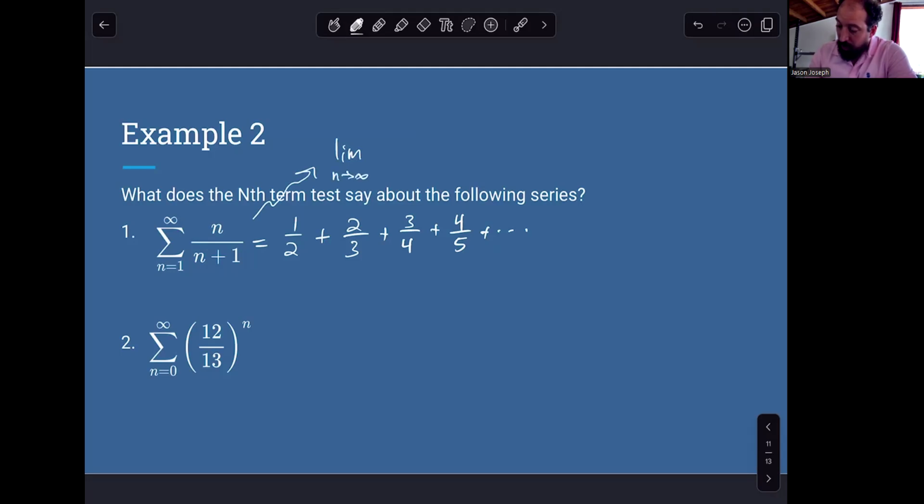That means I need to try the test and see. It might work, it might fail and not tell me anything, but just evaluate what happens. So in order to do that, I have to evaluate this limit as n goes to infinity of the terms of the series, and that limit is 1. So 1 is not equal to 0, right? So according to the nth term test, the series diverges.